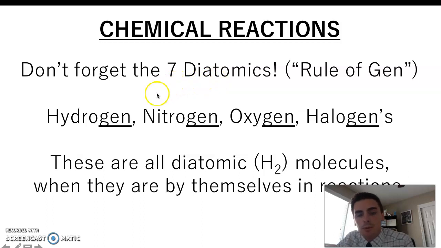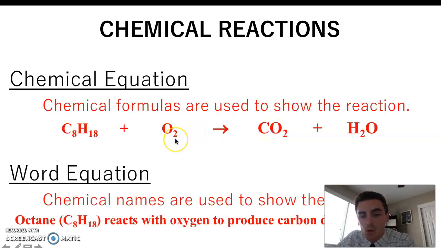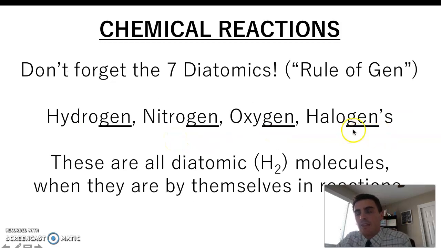So remember there's 7 of those. There's hydrogen, nitrogen will always be N2, oxygen, just like our last example here, will always be O2, and then all of the halogens will always be in pairs. So if it says plus chlorine gas, it's not plus Cl, it's plus Cl2, only when they're by themselves in reactions.